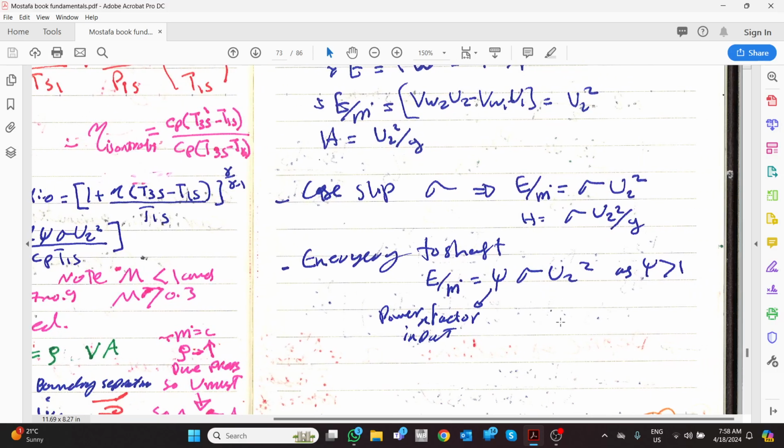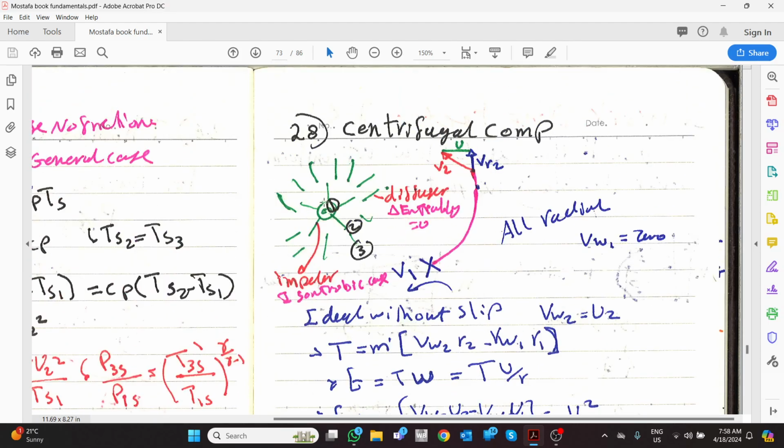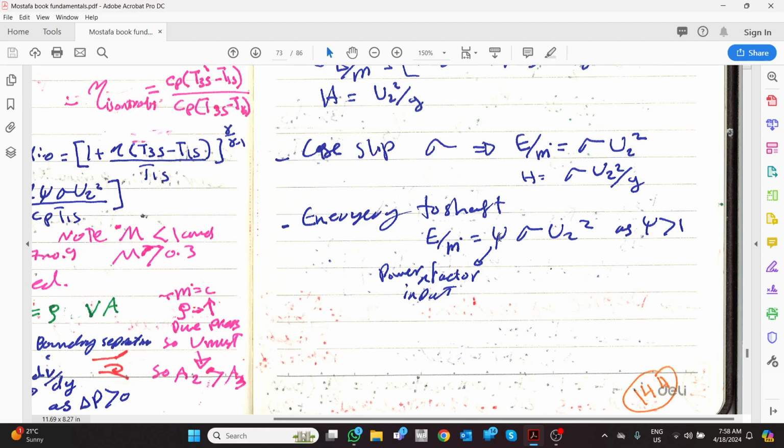And the energy to the shaft is the same concept. If I'm giving energy to the shaft, we know that the energy of the shaft is multiplied by psi, multiplied by the theoretical head or energy, with psi bigger than 1. We name it the power input factor.